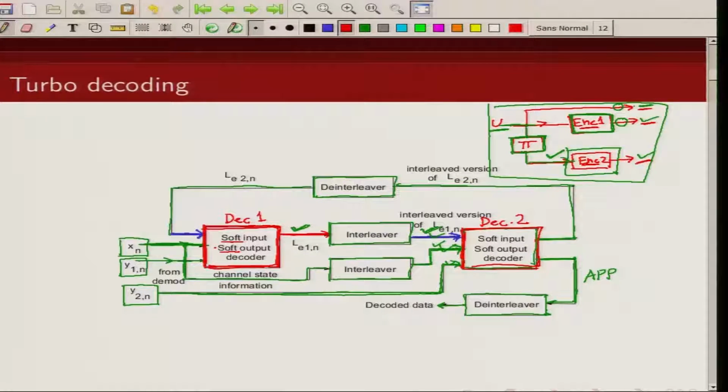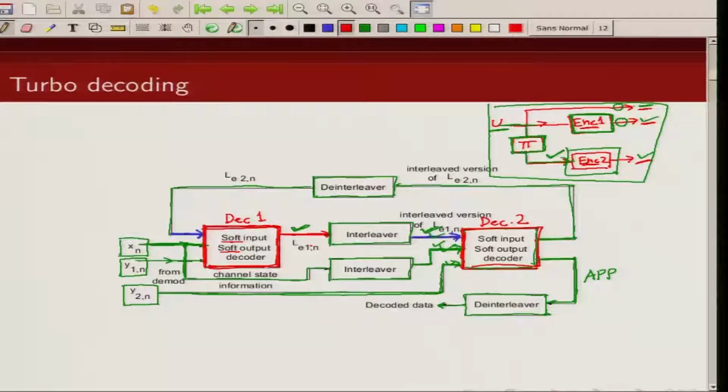In lecture 5 we talked about decoding of convolutional codes with the BCJR algorithm. This is precisely what these two decoders are going to use, and we are going to slightly modify this algorithm to get these extrinsic informations from the decoder, which I will show in a subsequent slide.